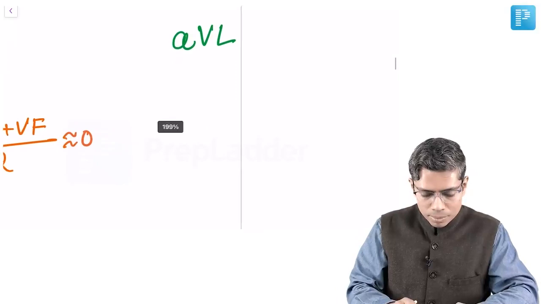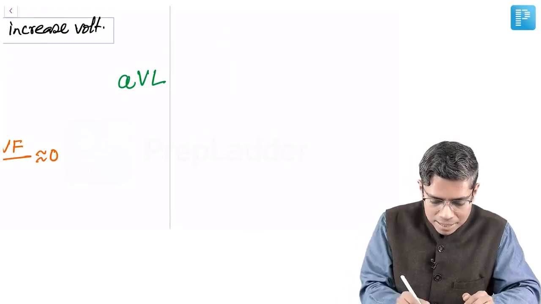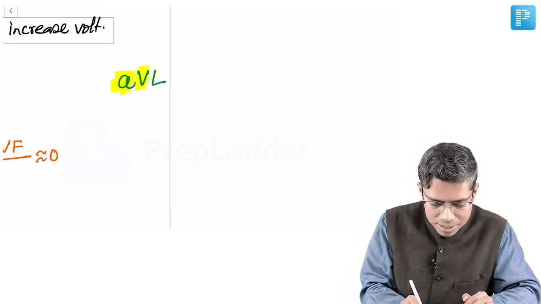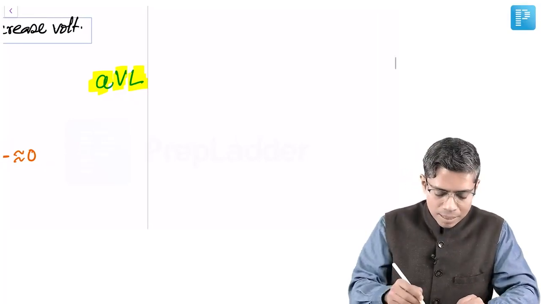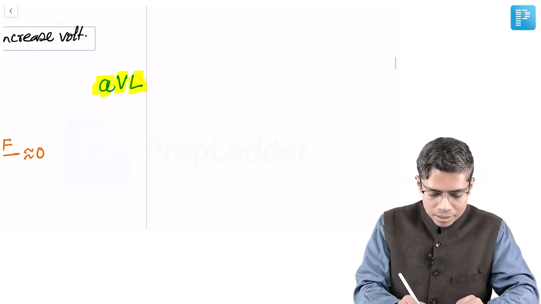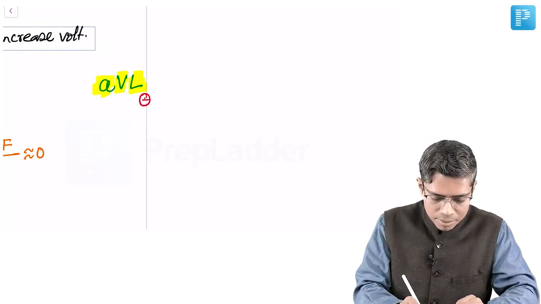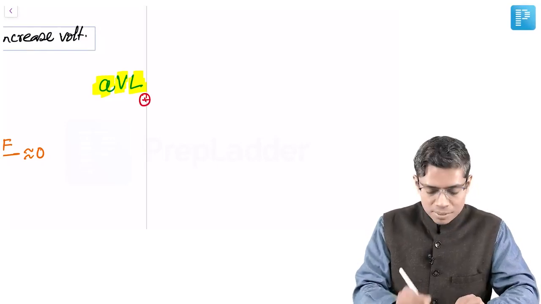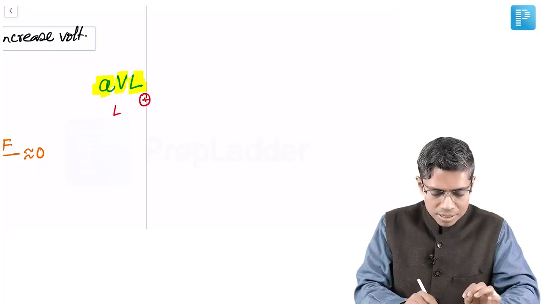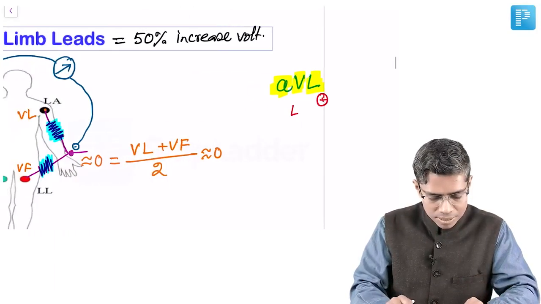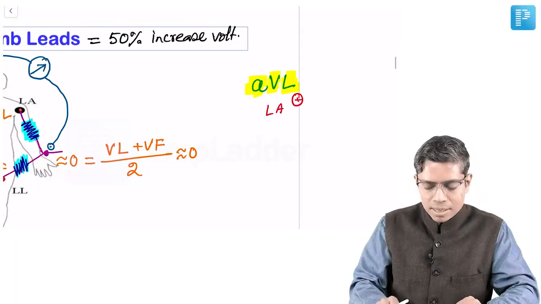Now if I want to produce AVL, A for augmented, V is the voltage, L is the left arm. I am going to connect the positive end of the voltmeter to the left arm region, that is this one here, right?